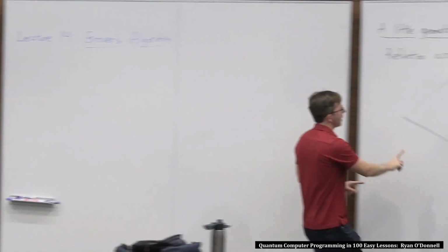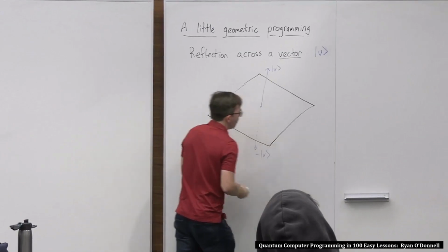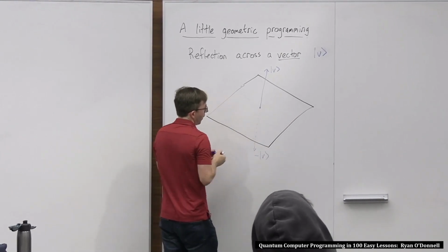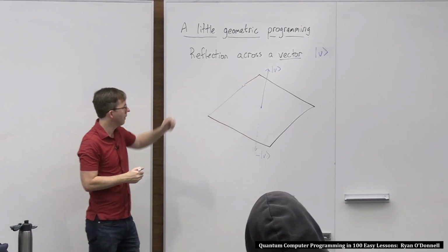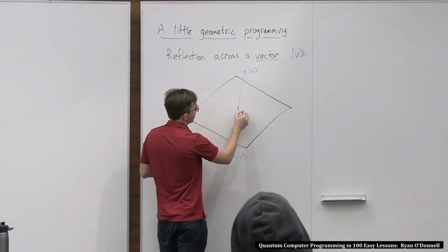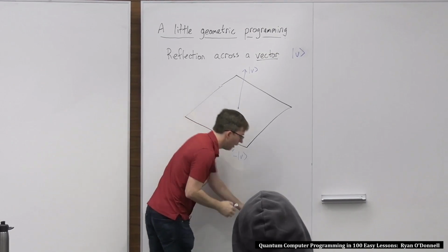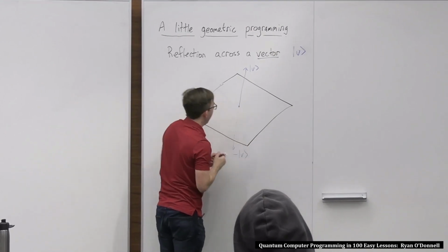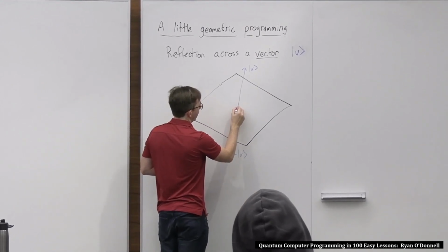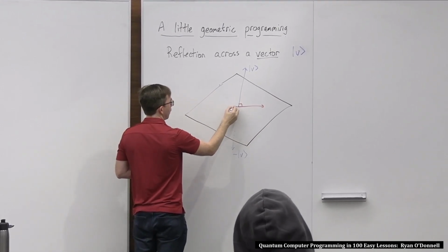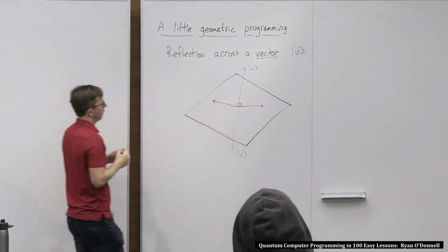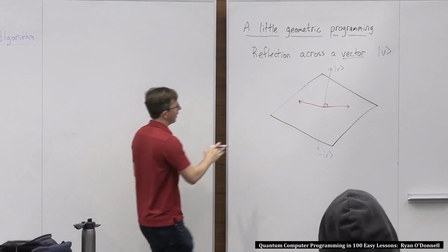So if this is the vector v, what happens is that v itself doesn't change. V gets fixed, but anything that's perpendicular to v, lying in this plane down here, gets negated. So it goes to here. I don't know if I drew that very accurately.